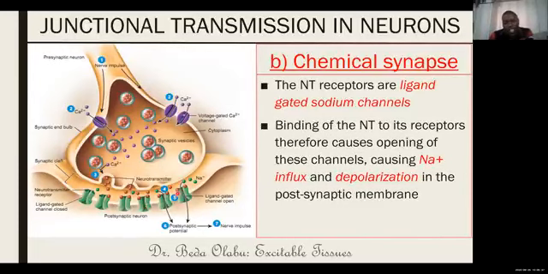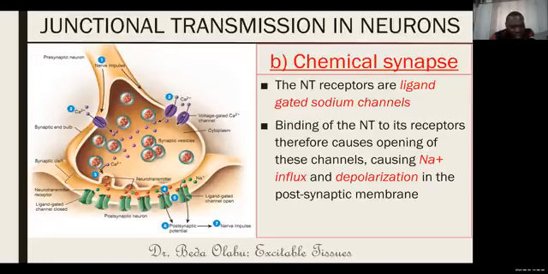If the ligand-gated channels open, what will happen? Now sodium will enter into the cell. I've just noticed, by the way, that the green ones are actually sodium molecules, and for lack of a better term, allow me to call the other color brown.